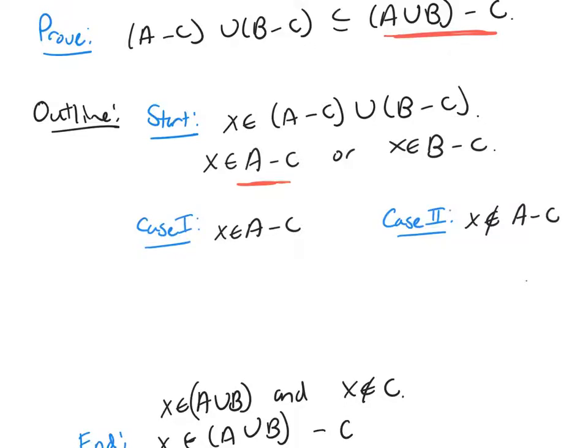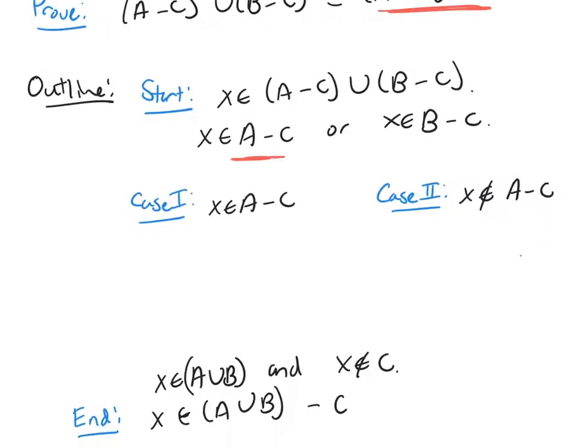So let's start with case 1. If X is in A minus C, that means X is in A, and X is not in C, right? But if X is in A, then I know that X is in A union B. So what do I have?